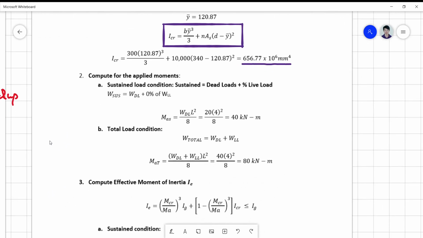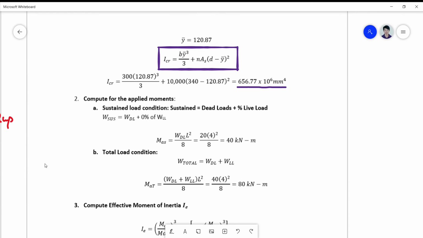Okay, the next step is to compute for the applied moments. So in the applied moments, we have to consider two stages. The first stage is the consideration of your sustained loadings, and the second stage is your consideration of your total load condition.